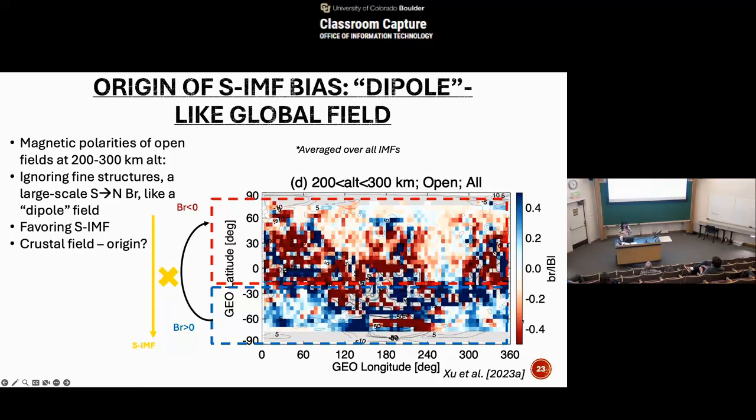Blue is field line going outward, and red is inward. So if we ignore all the fine structure caused by the crustal fields, we generally see a south outward and north inward large-scale field. And then if this field reconnects with southward IMF, it will create the lobe we see.